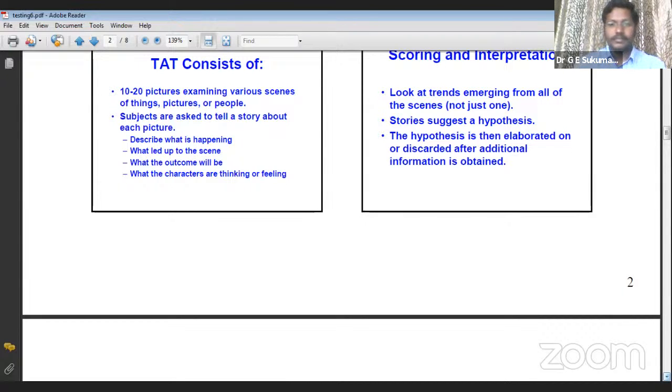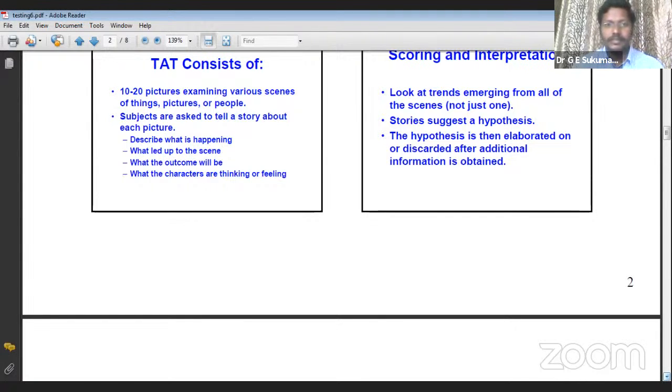So this is about our personality tests. They can be inventories, the questionnaire forms, or projective tests like the Rorschach Inkblot and TAT, where there is no use of language, there is no statement. Pictures would be shown.